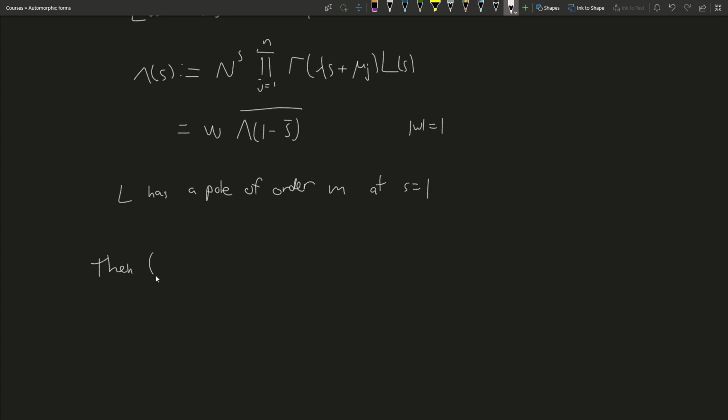Then this is the convexity bound, and it is just applying the Phragmen-Lindelof principle to lambda, essentially.